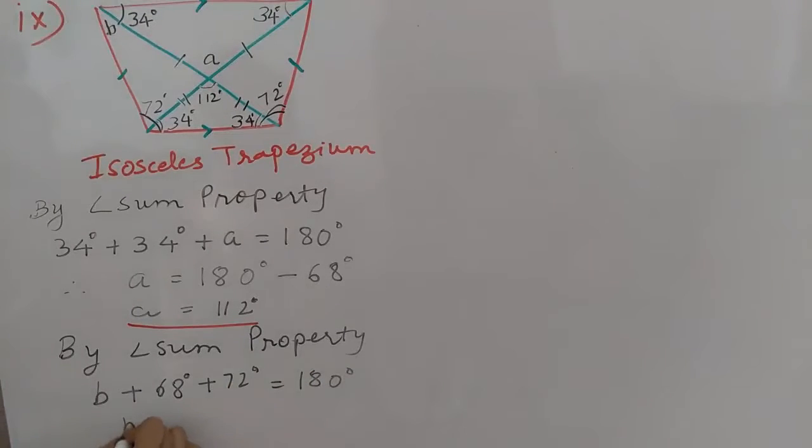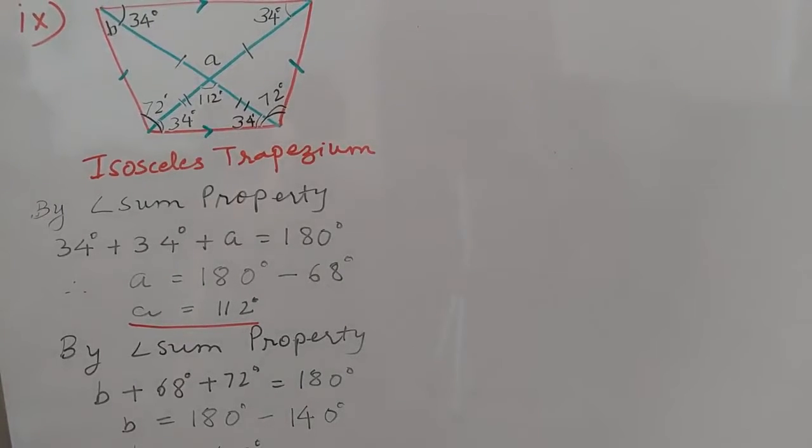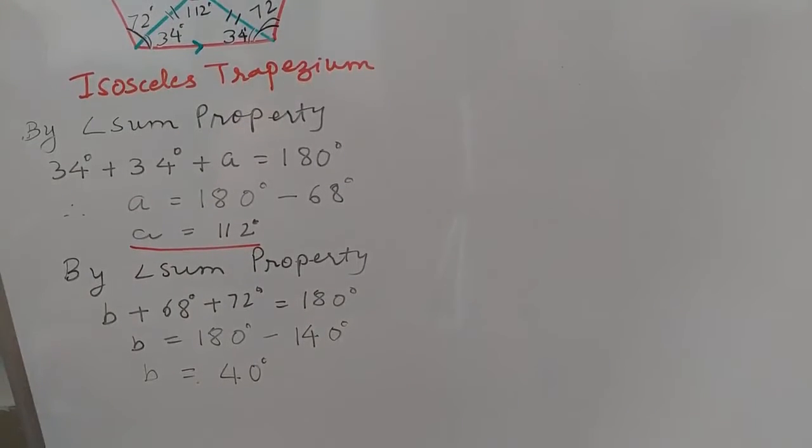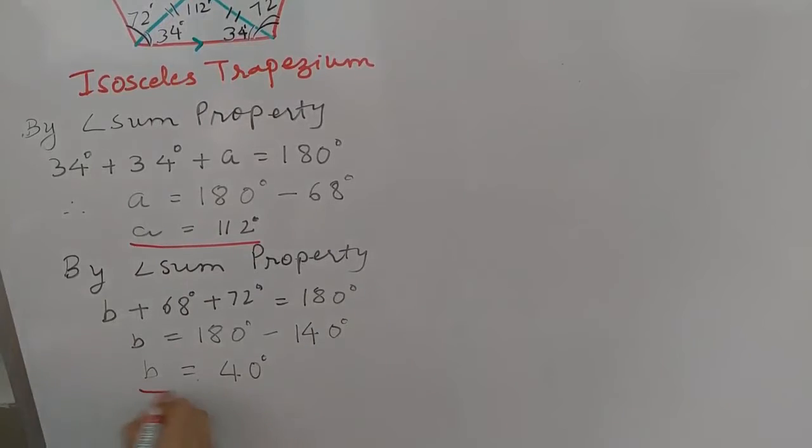Now sum of these two is, I write 180 minus 68 plus 72, that is 140 degree. So B value is equal to 40 degree. By subtraction we found. So this is our second answer, that B value is we found as 40 degree.